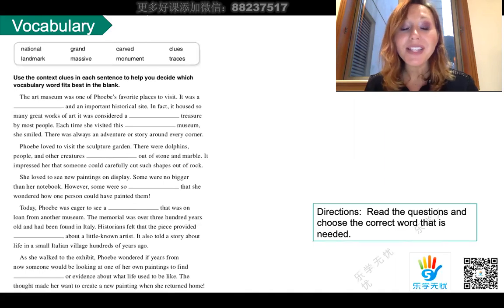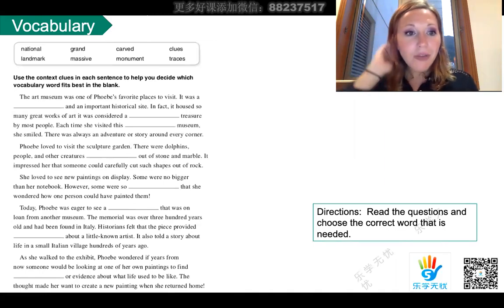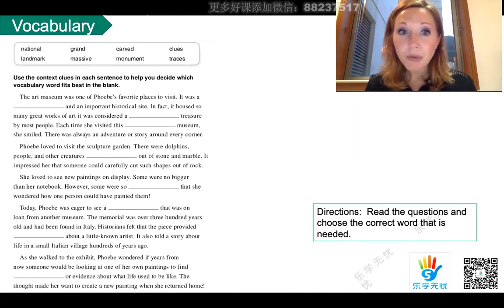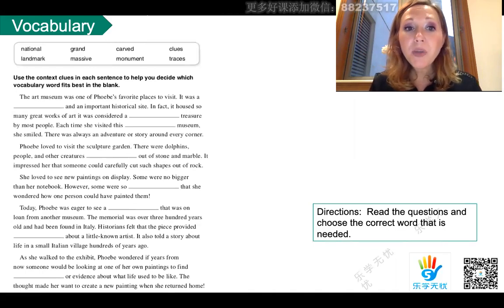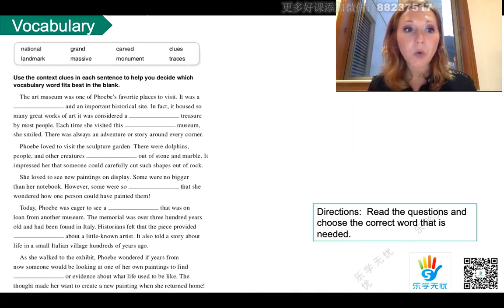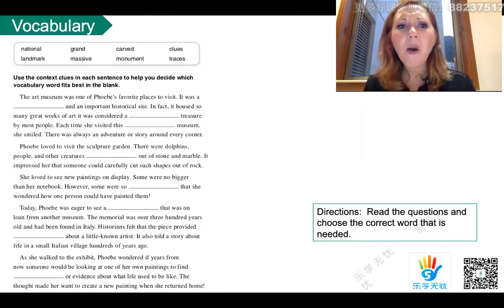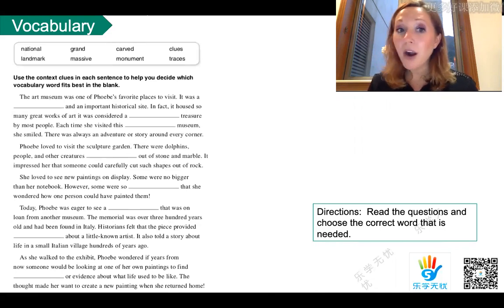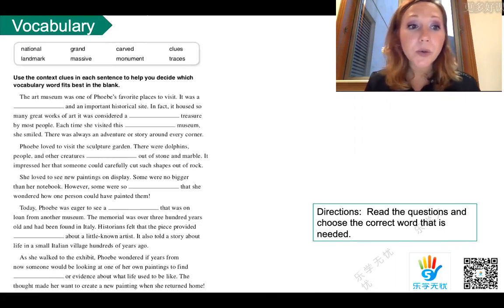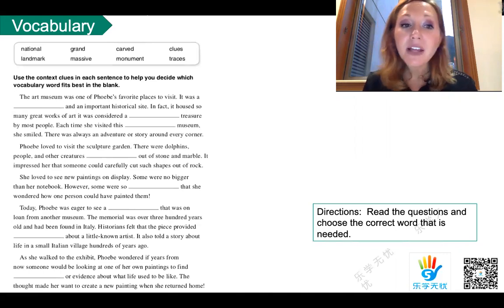Today, Phoebe was eager to see a that was on loan from another museum. The memorial was over 300 years old and had been found in Italy. Historians felt that the piece provided about a little-known artist. It also told a story about life in a small Italian village hundreds of years ago.